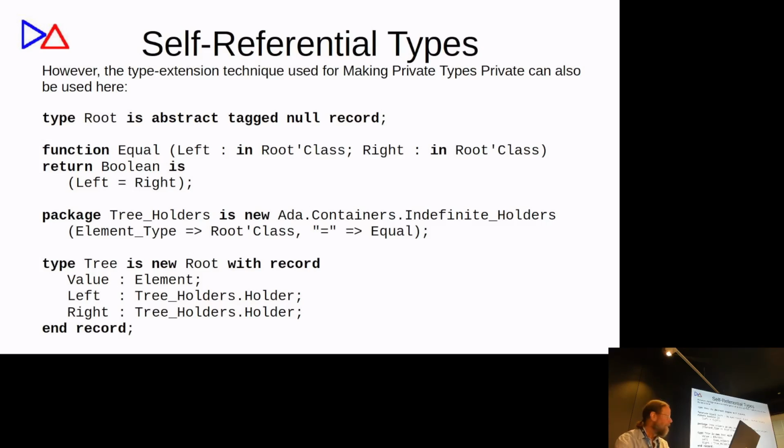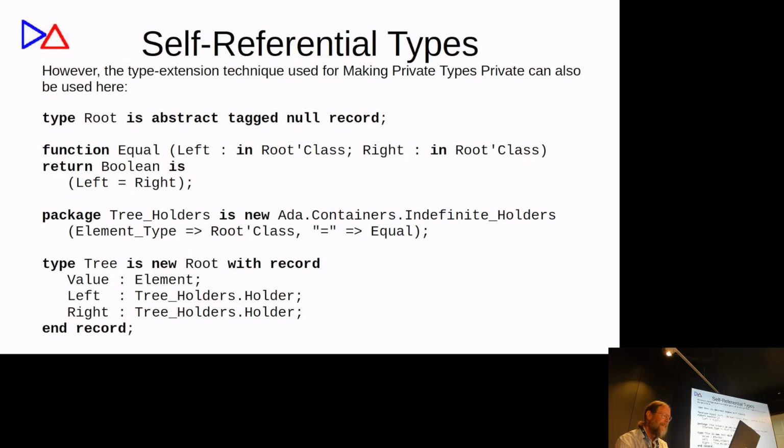Now, all these examples have used holders, and holders are quite useful, but for self-referential types, it's often useful to instantiate other components. So, for example, you have the type called an S expression, which contains a list of S expressions in it.